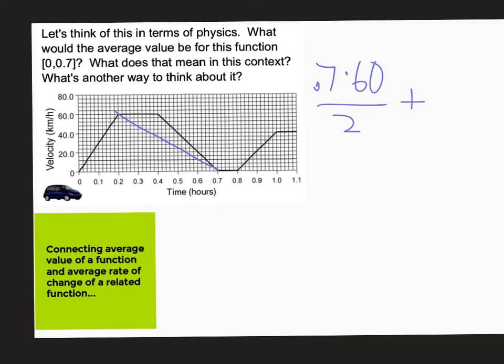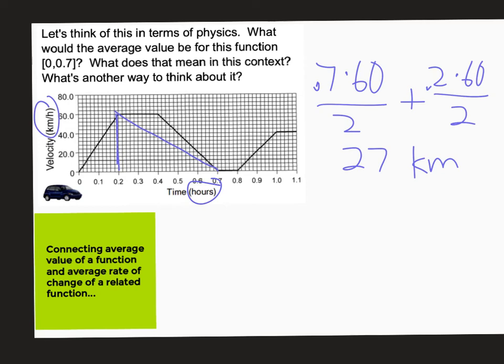And then I have a triangle that is from 2/10 to 4/10, so 0.2 by 60. So when I do that, the area is 27. So that area is 27 kilometers, because we did kilometers per hour times hours, so that's just kilometers.